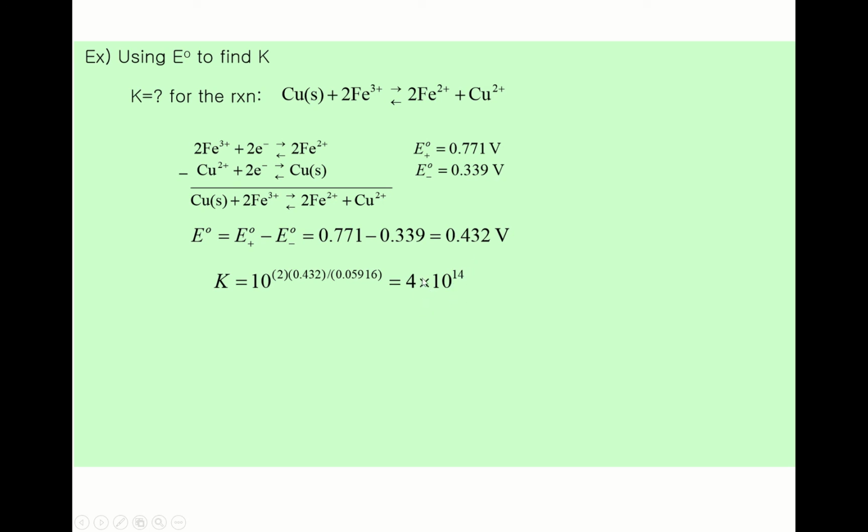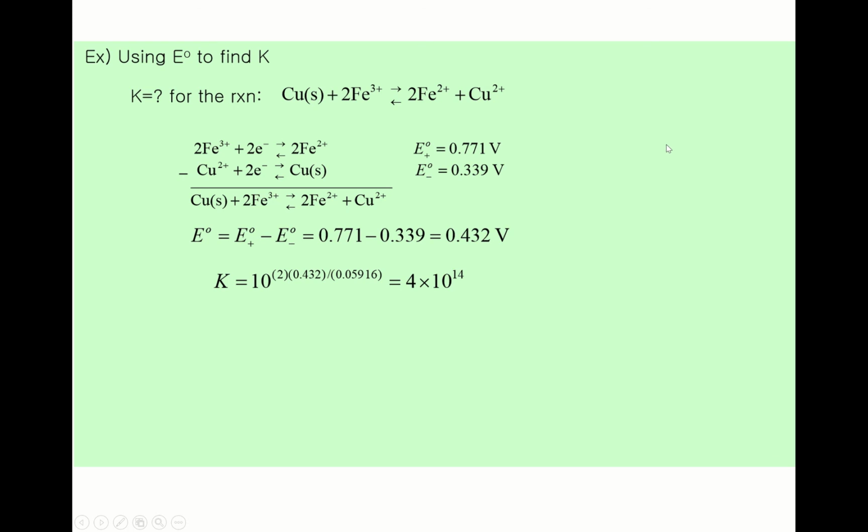So it is not easy to obtain this equilibrium constant experimentally, since it is very large. A direct experiment would be to individually measure the ferric ion concentration, the ferrous ion concentration, and the cupric ion concentration, and then apply the equilibrium constant equation.